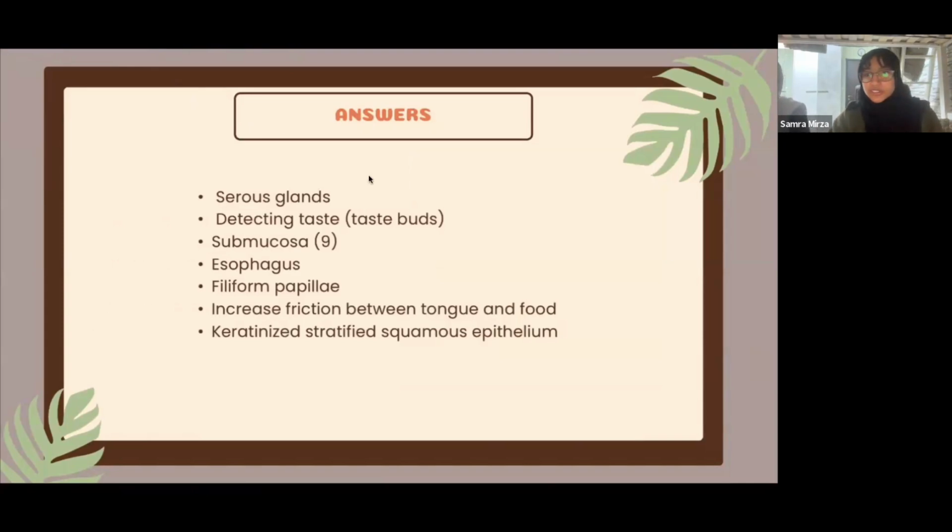Okay, so here are the answers. We'll give you guys a minute or two to check your answers. And if you have any questions, you can just type or unmute. And then we'll move on to the blood supply.